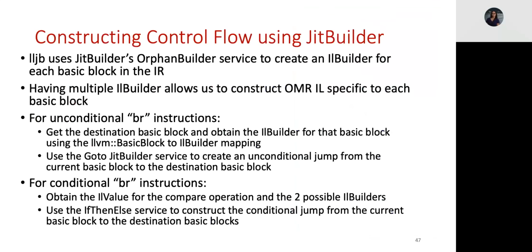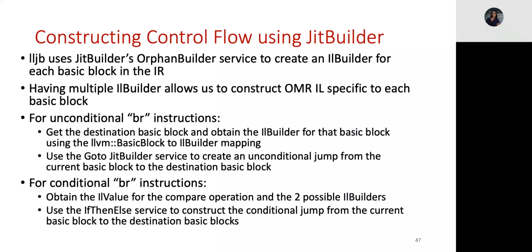So in order to construct control flow, we use JitBuilder's orphan builder service to create IL builders and assign them to every basic block in the IR. So multiple basic IL builders allow us to create the IL specific to each basic block independently, and then they can all be connected together based on the branch instructions.